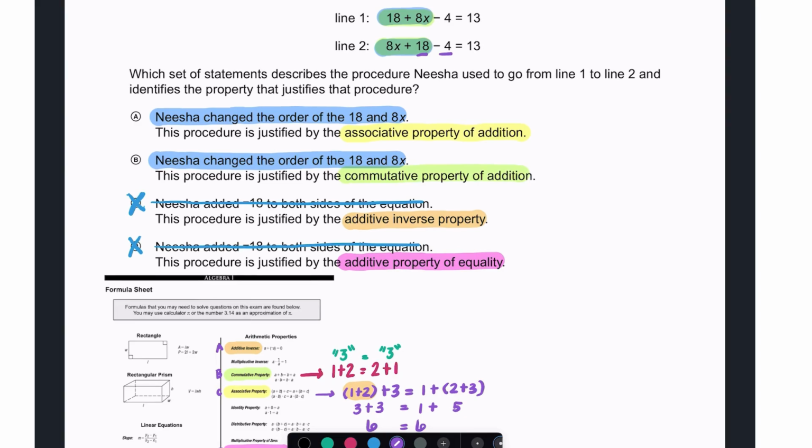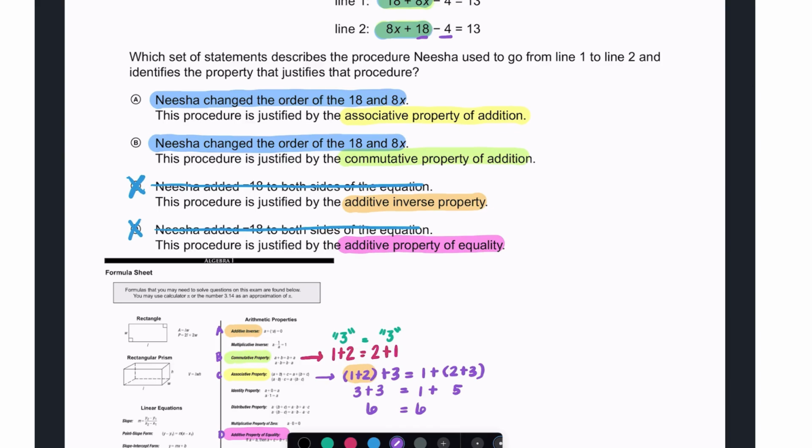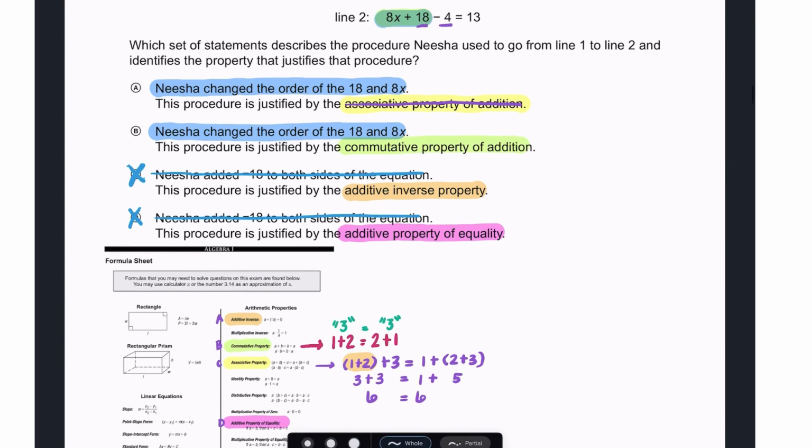So with that being said, all we did here is we did not change what we're adding first. There was no parentheses, so you should be able to eliminate the associative property because, one, we don't see any parentheses showing which two things are being combined first, and second, hopefully you do recognize it is the commutative property because you just swapped the places of two values that were being added.